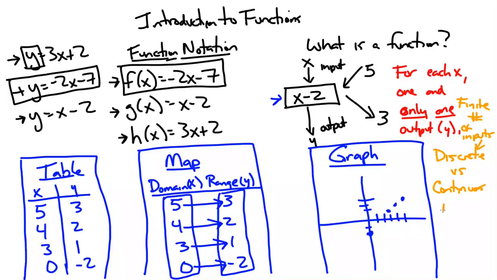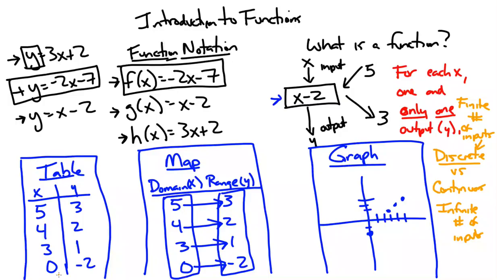Continuous is an infinite number of inputs. So if I had the function x minus 2, or this one like here, g of x equals x minus 2, well, I've graphed it over here only for the points 5, 4, 3, and 0. That's what makes it discrete, because I have a finite number of inputs.